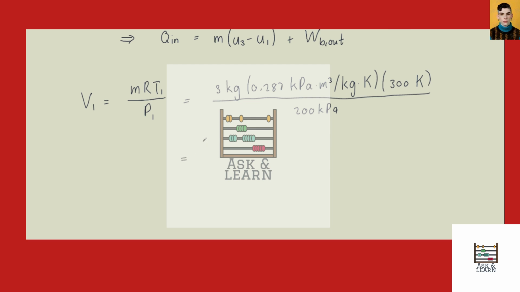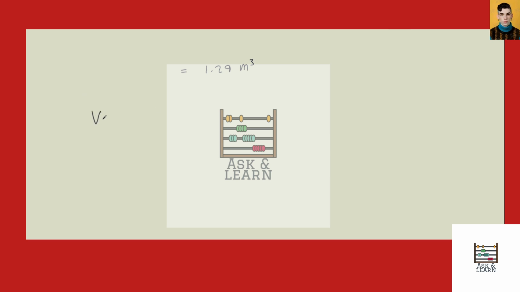And so we get the initial volume to be 1.29 cubic meters. Now V2, when the piston hits the stops, is twice the volume of V1. And so this volume is 2 times 1.29, and that's 2.58 cubic meters.